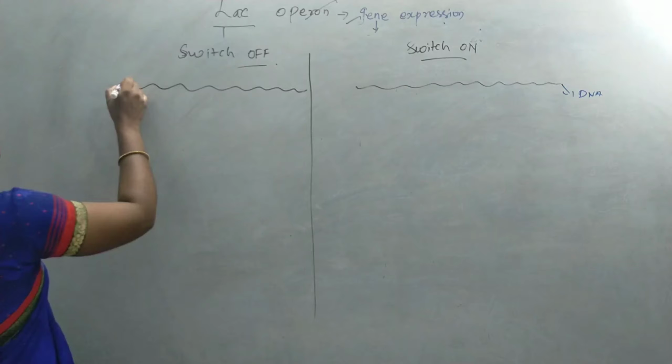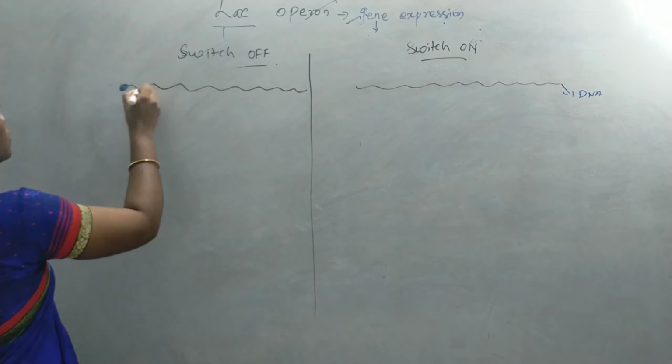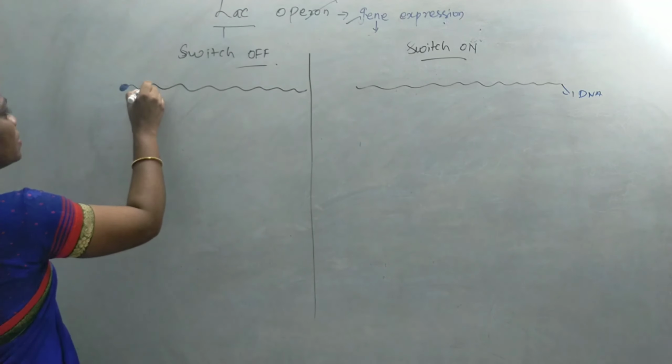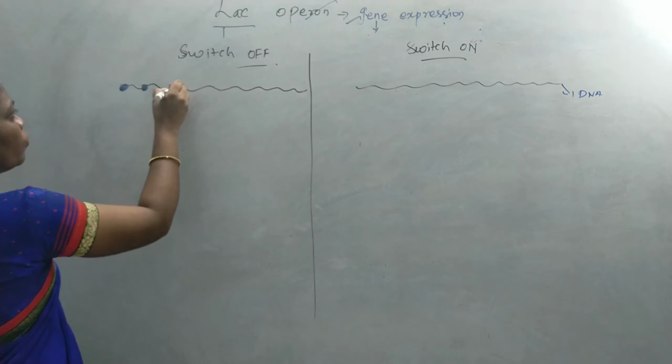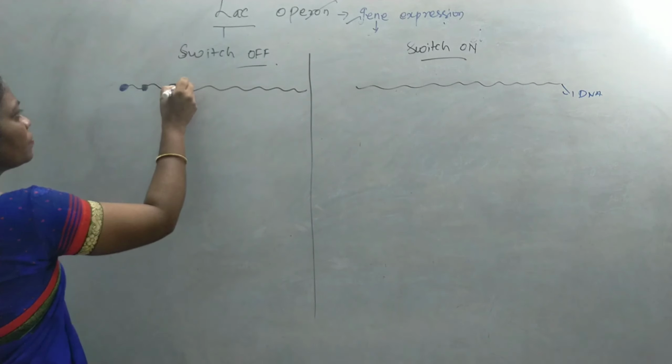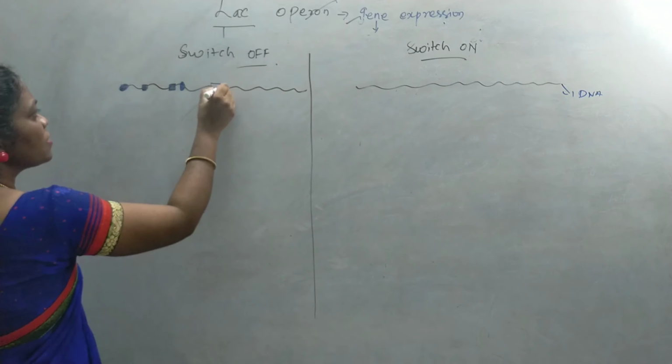So this is the DNA which is present inside the E. coli. Here we have a promoter, the LAC-I gene, followed by one more promoter, and then the operator gene, followed by the structural genes.